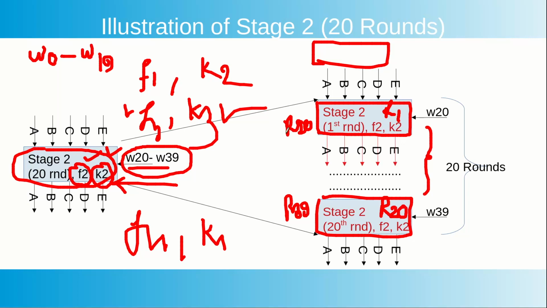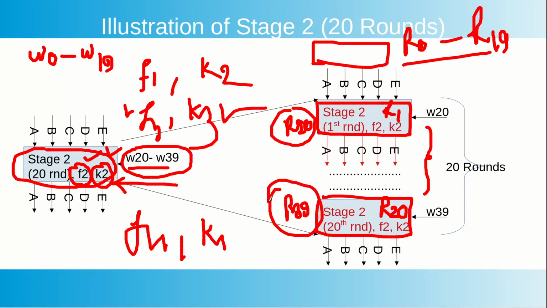So here round number 0 to round number 19 we have already computed, and it is round number 20 to round number 39 in global context, and in this stage's context it is round number 1 of the second stage to round number 20.